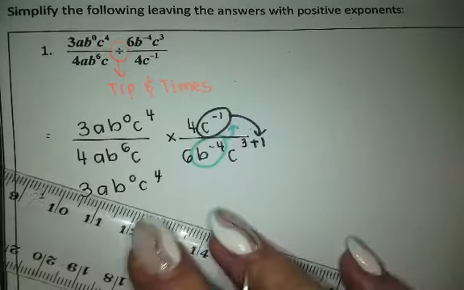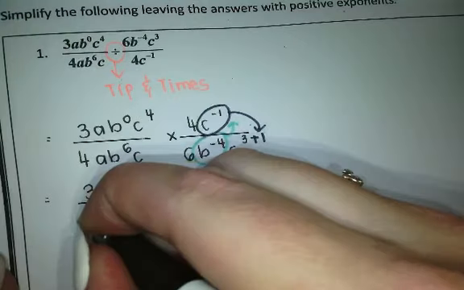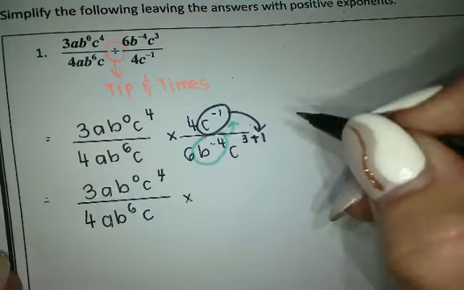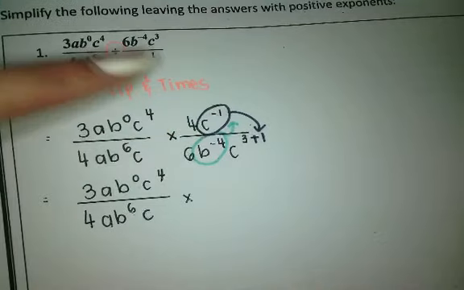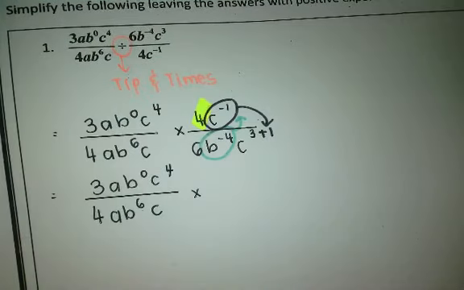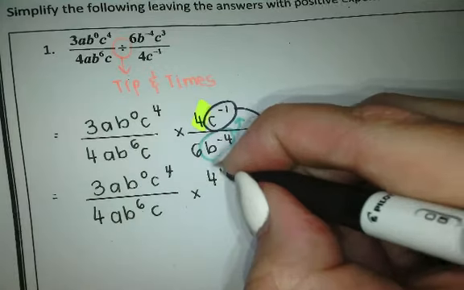Give me a chance. This is going to be divided by 4ab to the power of 6c times. The 4 stays where it is because 4's exponent is 1. It's not negative, so it stays. What's going to join the 4 at the top? b to the power of 4.